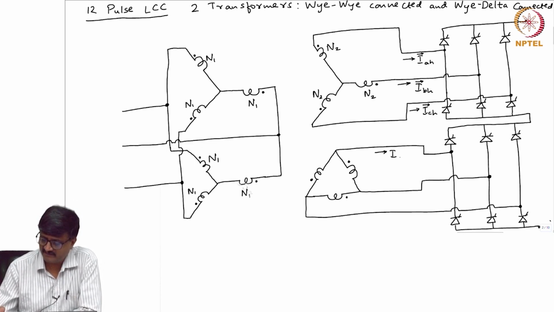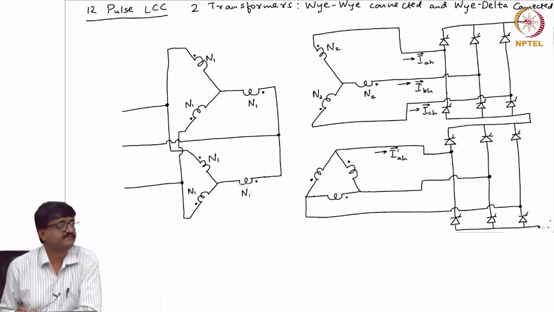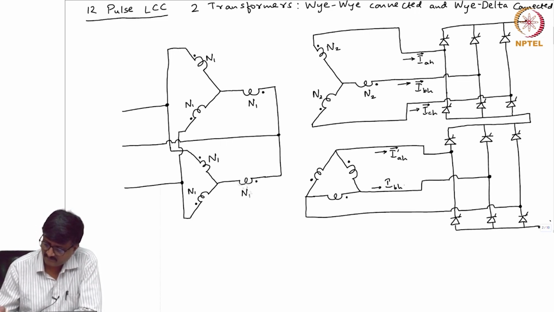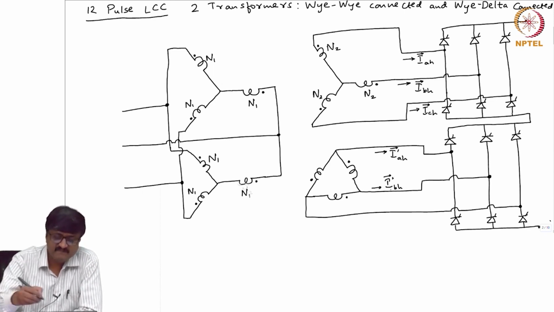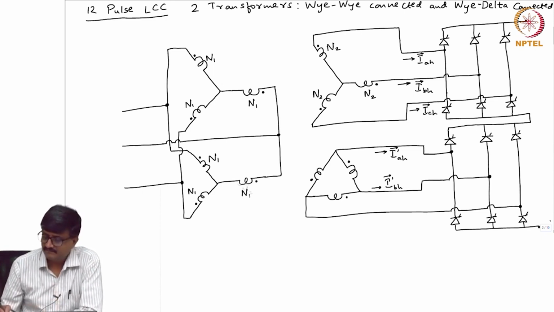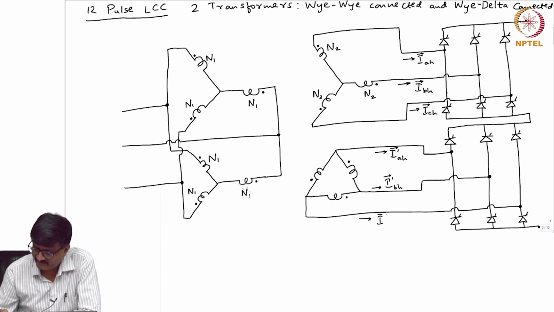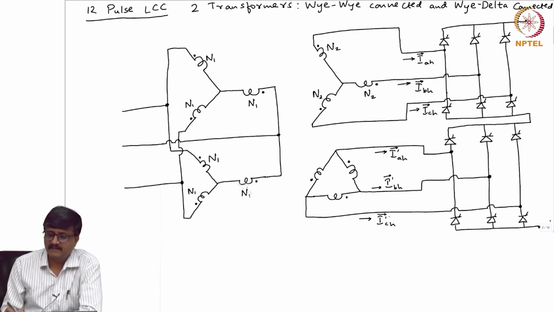So, I call this current as IAH prime. Then the current here is IBH prime. And the current that is flowing here is ICH prime.